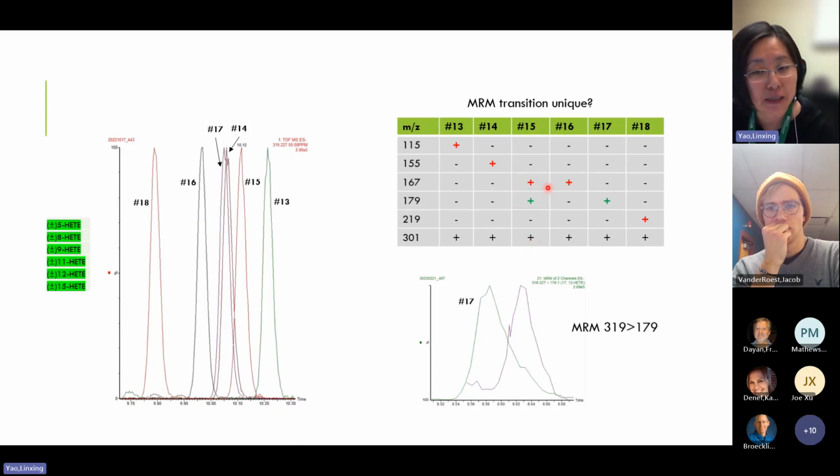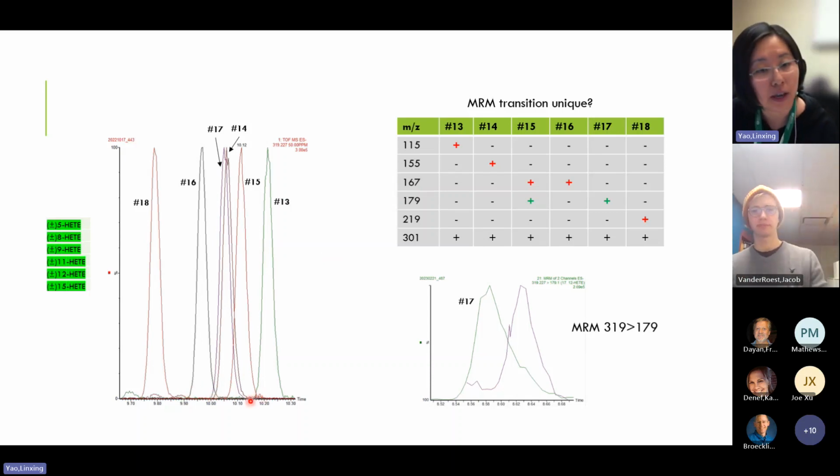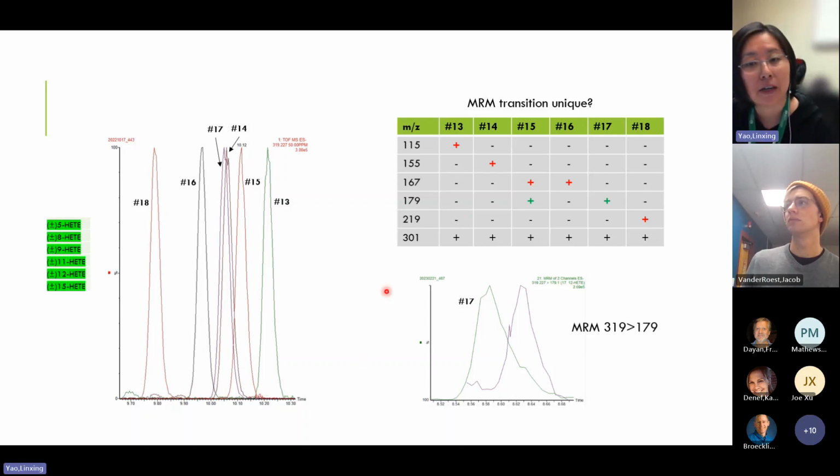For peaks 15 and 16, they share the same fragment, 167, but because we already separated them on the LC column, we can use the same MRM transition to quantify these two peaks, and in the result you will see two distinct peaks, not interfering with each other. So there's only number 17 left.